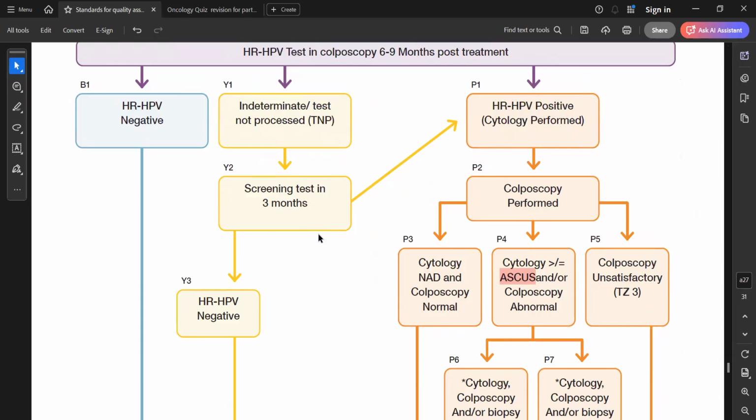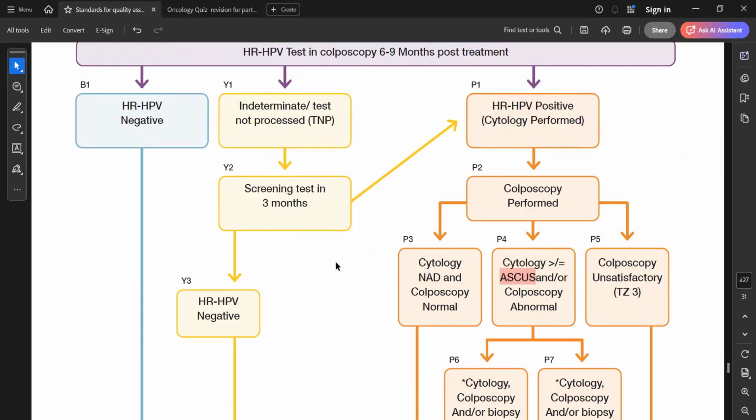This is usually when you don't have satisfactory HPV results, when you are not able to have HPV testing, or the results are vague because of technicalities or whatever. So we need to invite her again after 3 months.